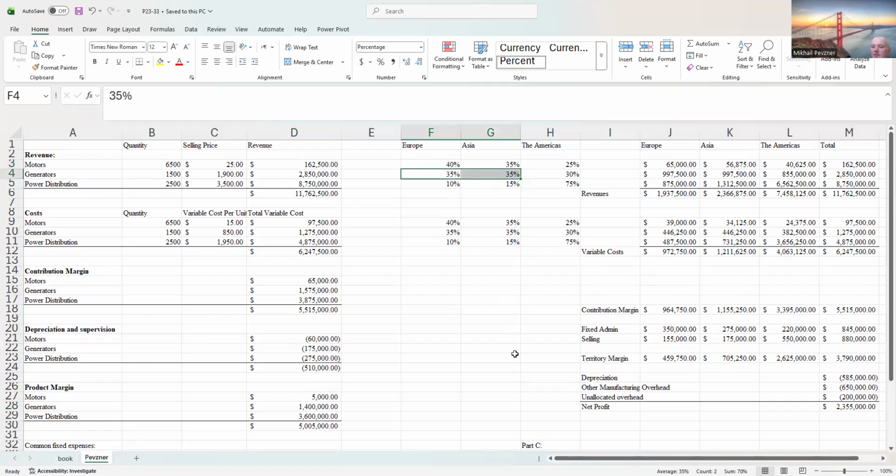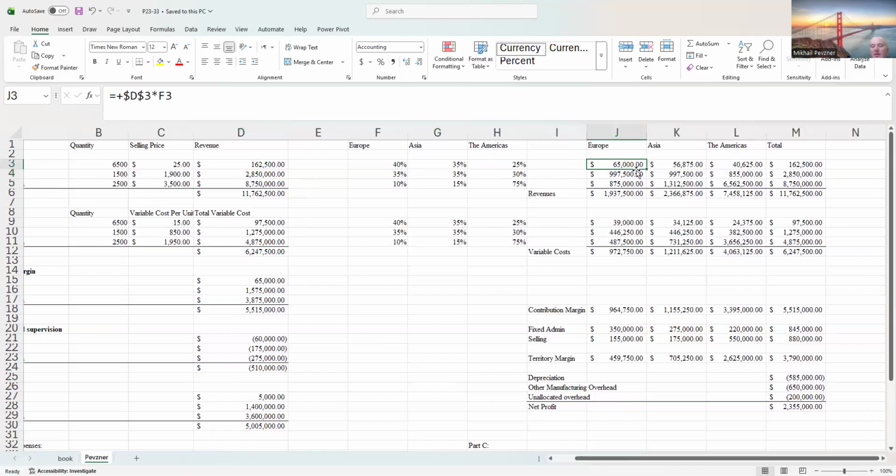And for each product. So you can take the product revenue and multiply it by the allocation percentages. Your total revenue for motors was 162,500, and you simply allocate it using these percentages to the three geographical markets.